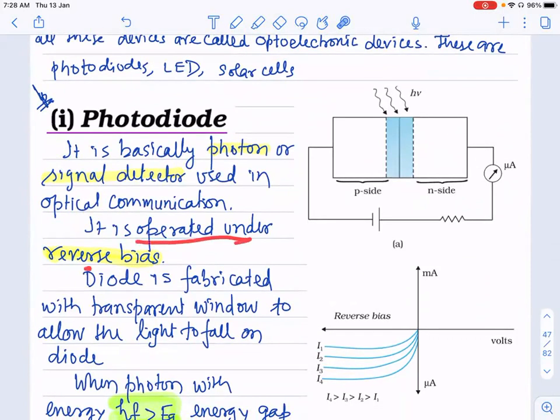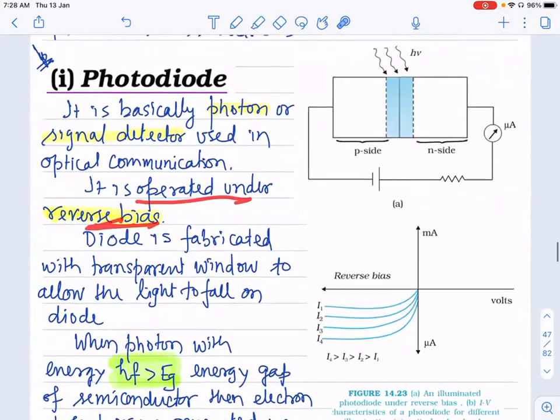It is operated under reverse bias. Reverse bias में sensitivity ज़्यादा होती है. We'll see at the end. We'll write the specific answer reverse bias में क्यों use करते हैं.